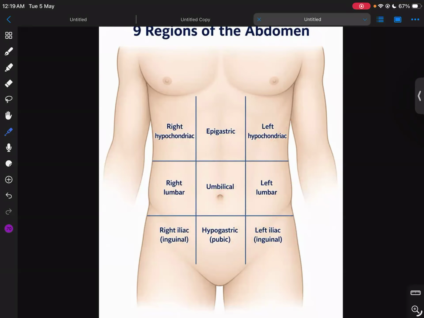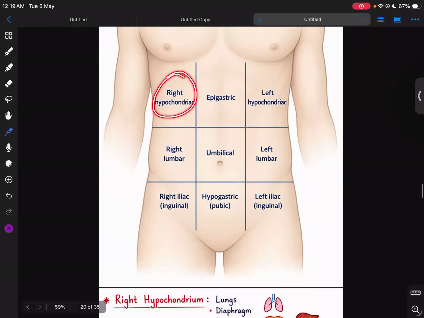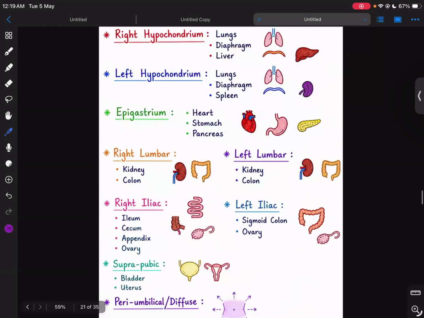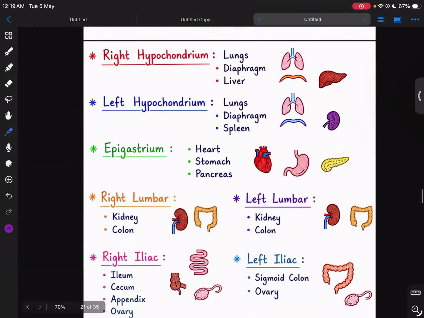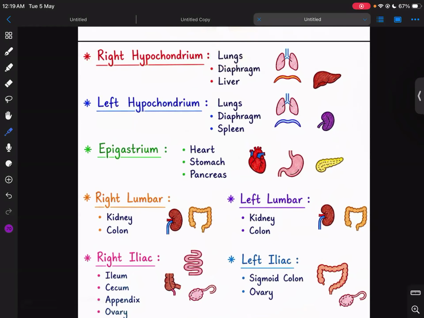In order to understand it, first you have to know which organ lies at each quadrant. In case of right hypochondrium, there are certain organs here, especially the lower part of the right lung, the diaphragm, and the liver. So any pathology happening in these organs may cause right hypochondriac pain.